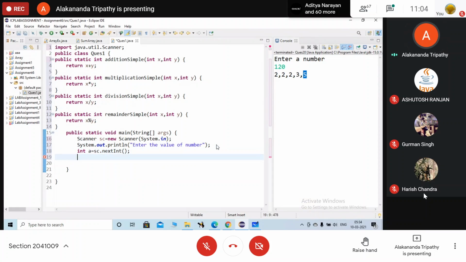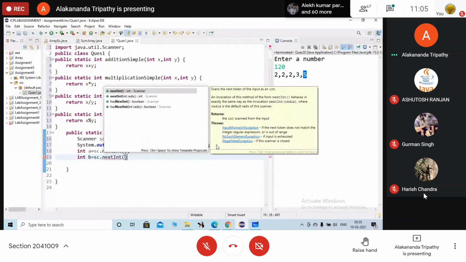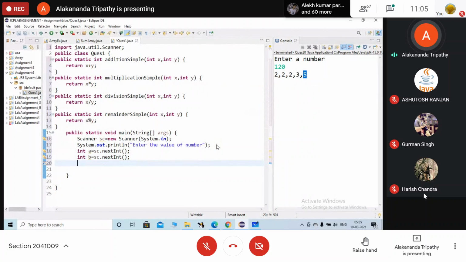Next int, next int. After that, what will you do here? Call the method addition simple, pass the values a comma b. Sum of two numbers.